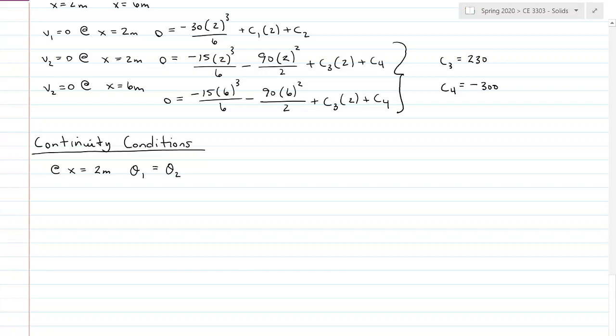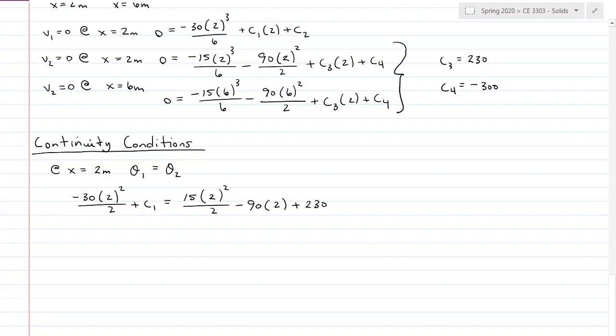All right? So we will have negative 30 times 2 squared divided by 2 plus C1 is equal to 15 times 2 squared divided by 2 minus 90 times 2 plus C3, which we found to be 230.